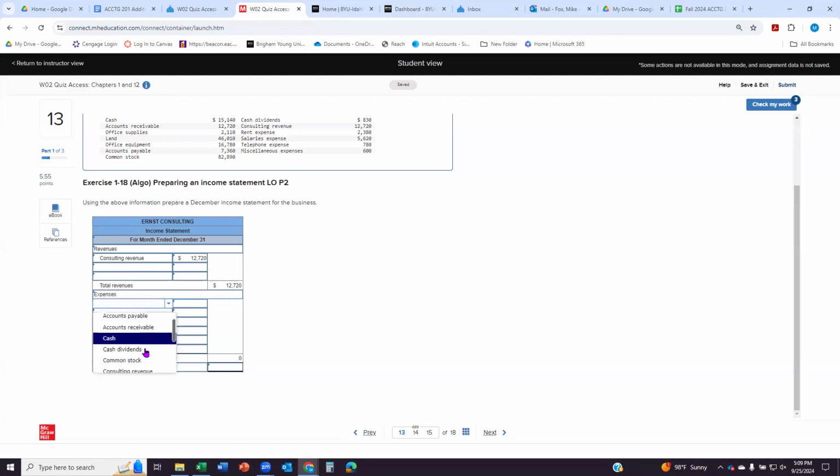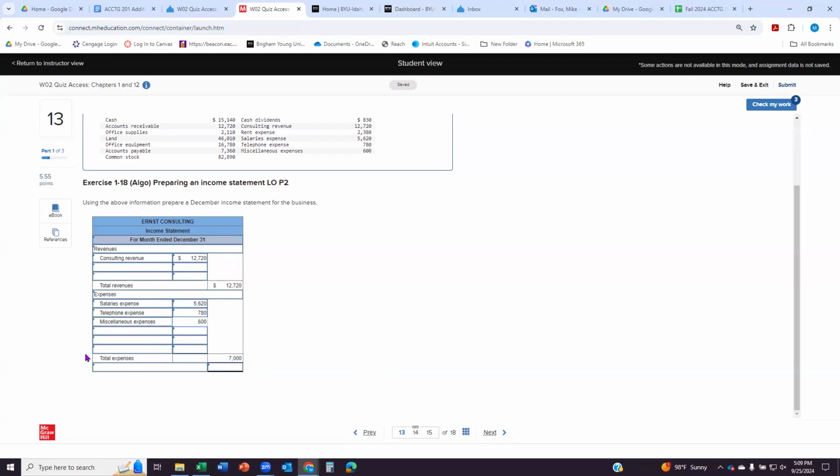So we'll do salaries expenses, 5,620, telephone of 780, and miscellaneous of 600.